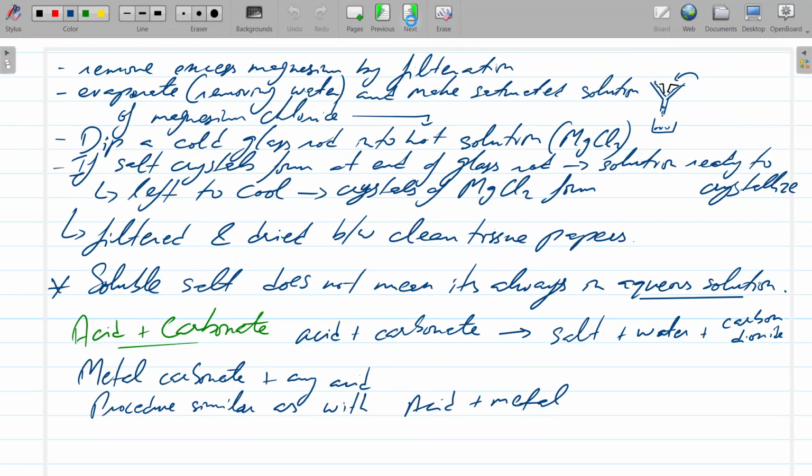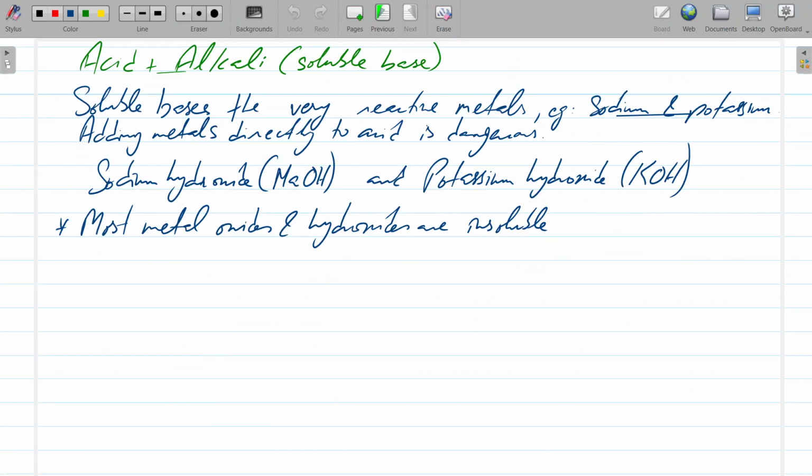Most metal oxides and hydroxides are actually insoluble. So the ones that are soluble are called alkalis. These are insoluble bases. The ones that can dissolve, like sodium and potassium, because all sodium, potassium, ammonium salts are soluble, the hydroxides are soluble. And so you can call them either soluble bases or alkali, both work.